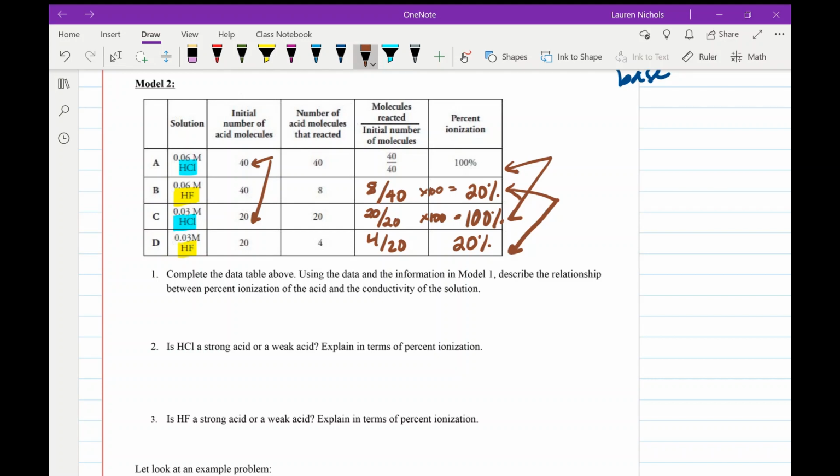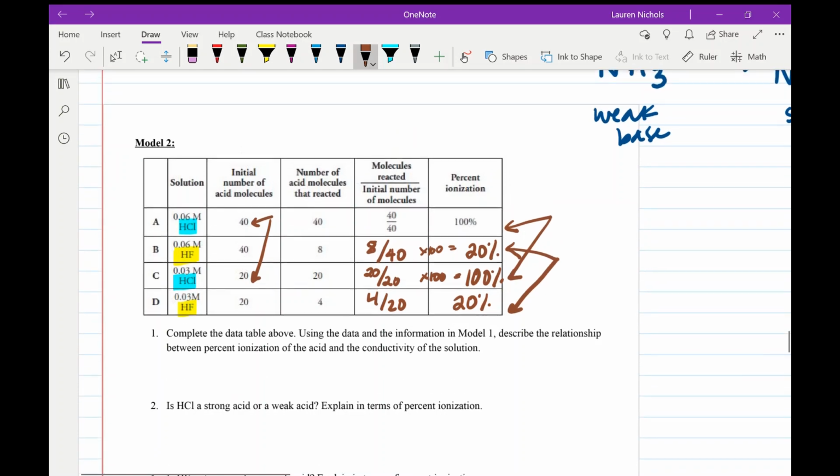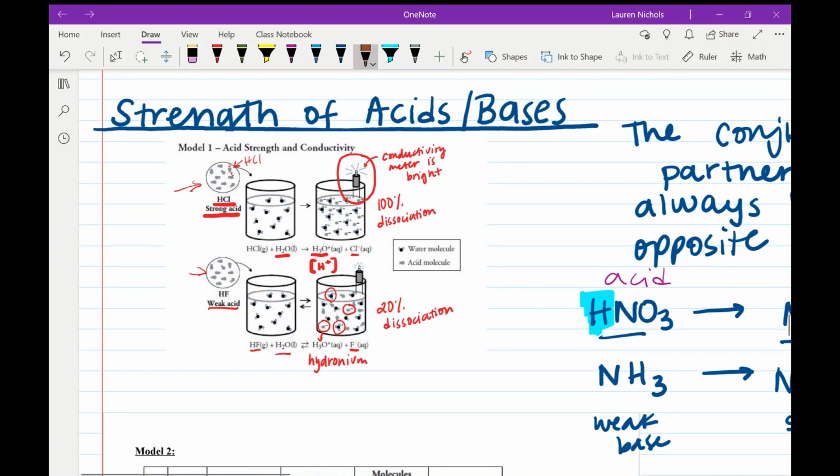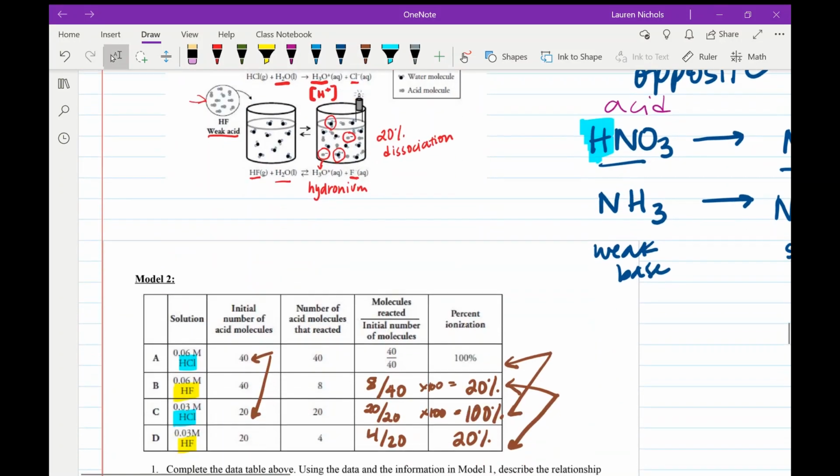And so we completed the table in number 1, and they said to describe the relationship between the percent ionization of the acid and the conductivity of the solution. And so using this, which is Model 2 and Model 1 being our picture, they said to compare it to the conductivity.